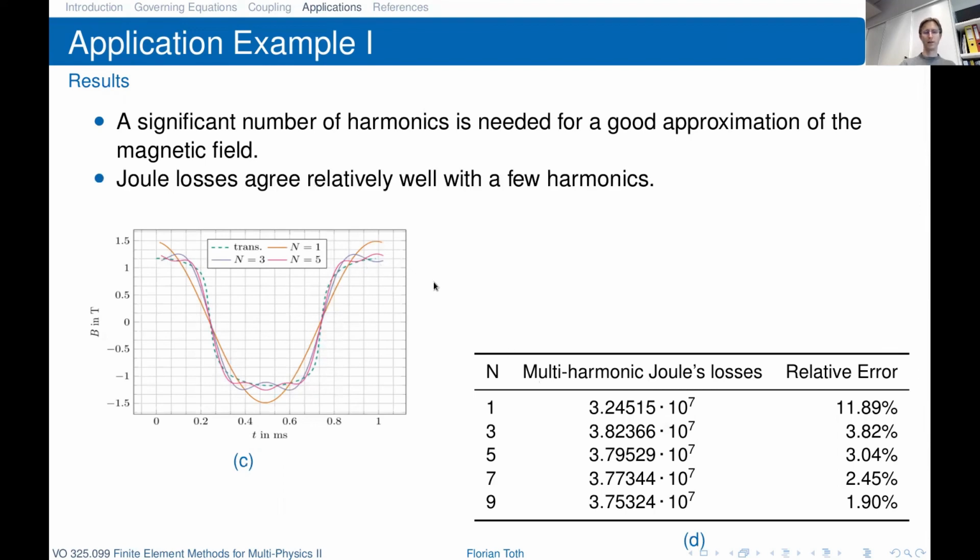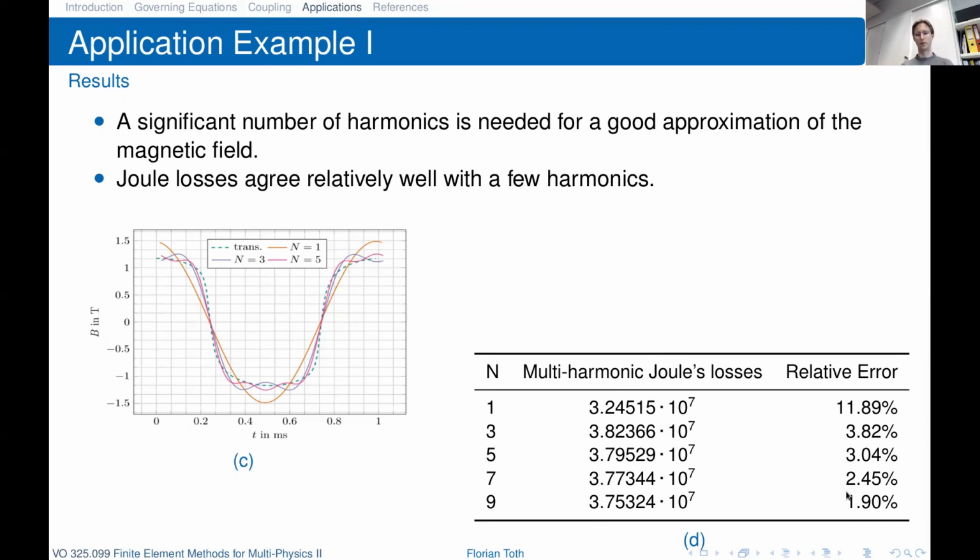If we look at the relevant quantity, however, being the Joule losses, the total Joule losses in the steel sheet, we see here a comparison for different numbers of harmonics, the absolute value of the Joule losses and the relative error with respect to the transient reference solution. We see that already with only 3 harmonics, where the agreement of the signal itself is not that great, we only have 4% error with respect to the reference solution.